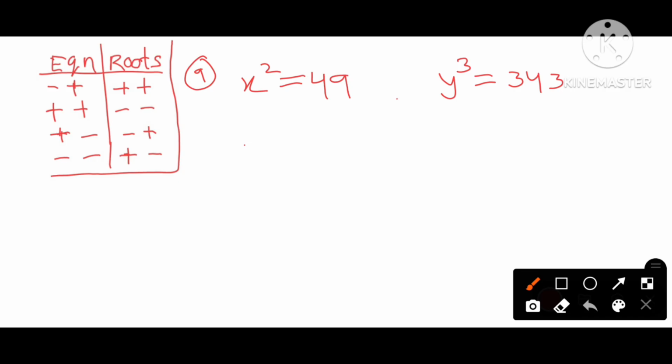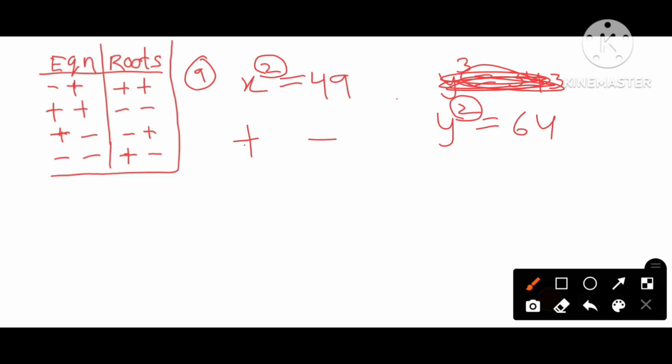What if in case of y, the root, the equation given is y square equals 64, then what will be the answer? Here, due to the square, the roots we get are plus and negative both. Here also we get a square, meaning both roots are positive and negative. We have already seen this type of comparison.